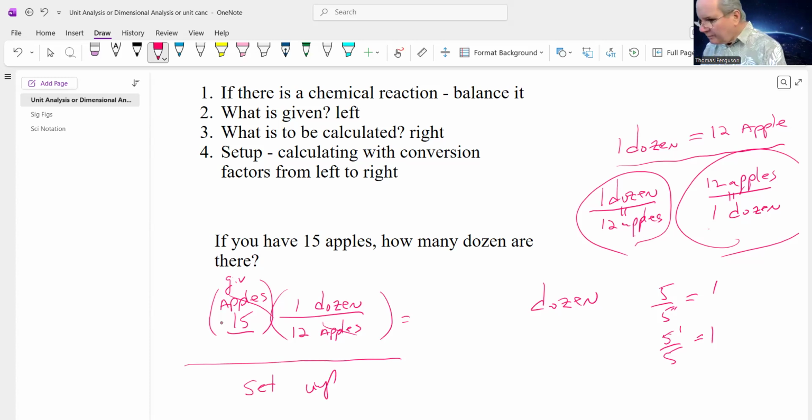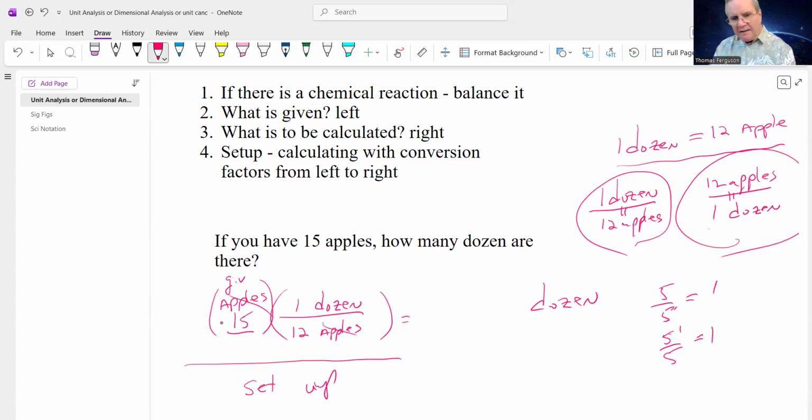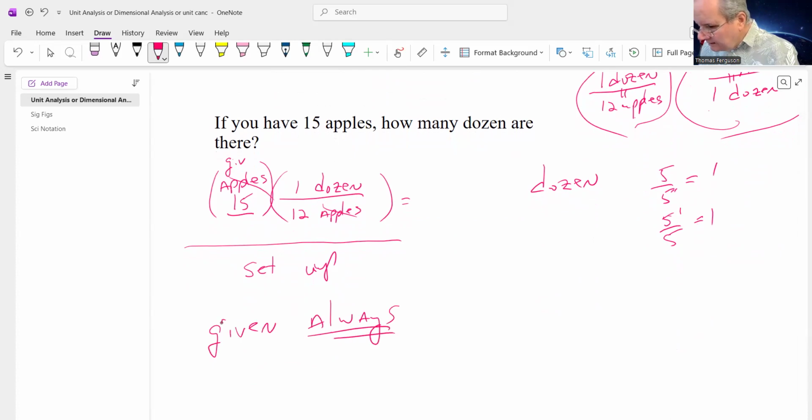So if we use the other one, where we had dozen on the bottom, 12 on the top, apples wouldn't cancel. So the given always has to cancel. No exceptions. Okay, so everyone see why apples cancel?